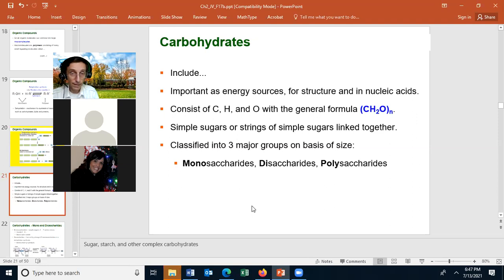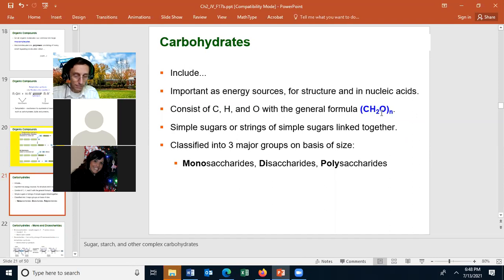Carbohydrates consist of the atoms carbon, hydrogen, and oxygen, but it's a specific ratio, with the general formula being for each carbon, there's 2 hydrogen and 1 oxygen. And then this will repeat for the molecule.